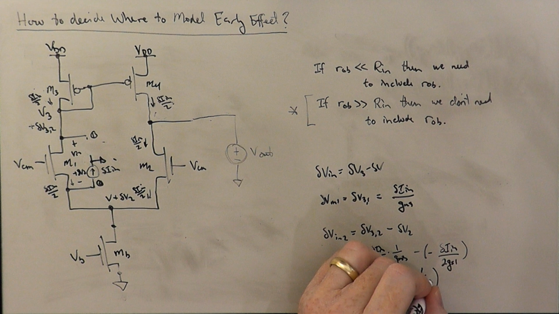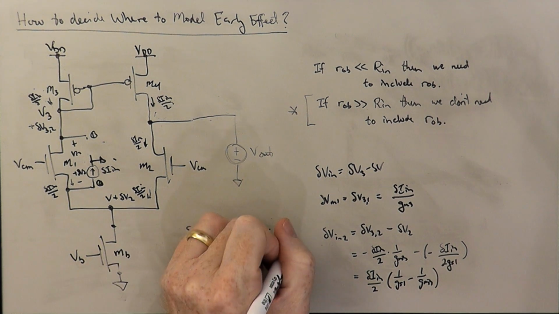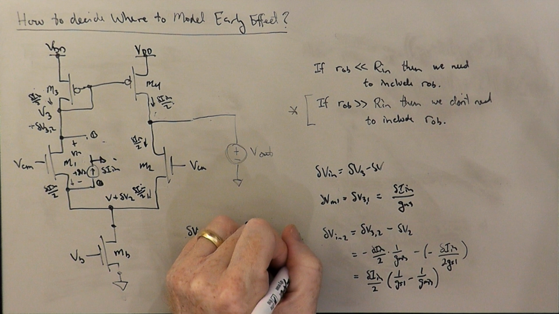And so the total delta V in is delta V in 1 plus delta V in 2, which is going to be delta I in times 1 over GM3 plus 1 over 2 GS1 minus 1 over 2 GM3, and so that's equal to delta I in over 2 times 1 over GM3 plus 1 over GS1.